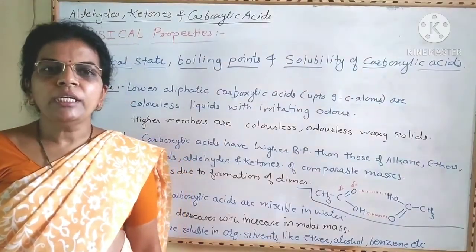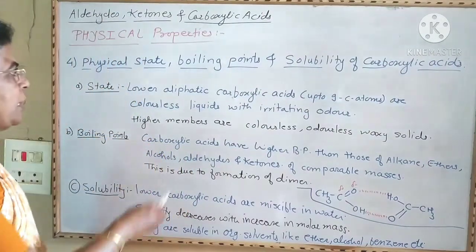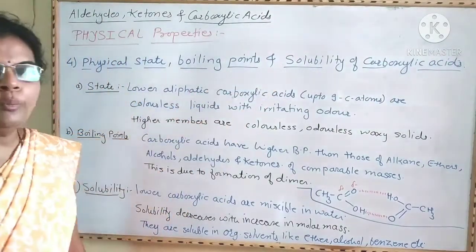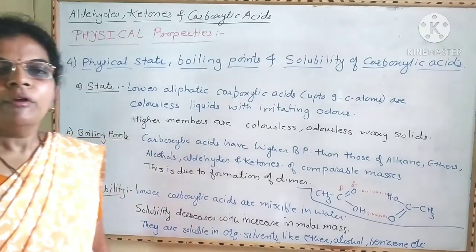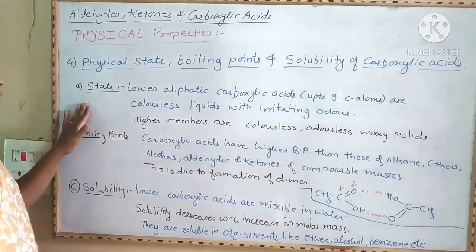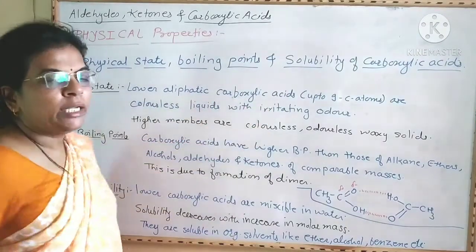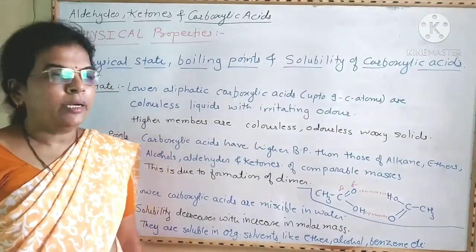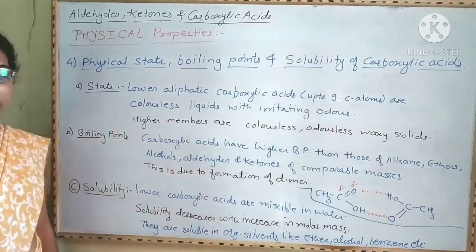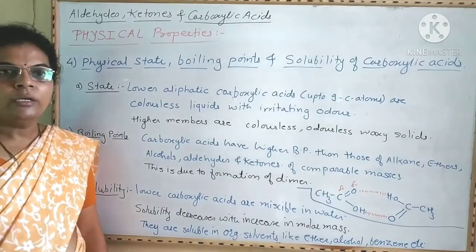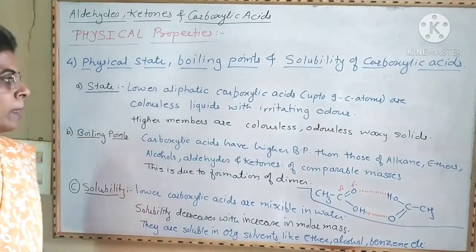Now we are going to see the next point, physical state, boiling point and solubility of carboxylic acid. First we are going to see the physical state. Lower aliphatic carboxylic acids up to 9 carbon atoms are colorless liquids with irritating odor.